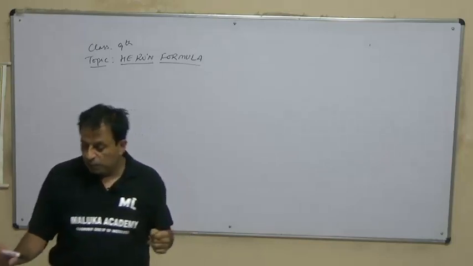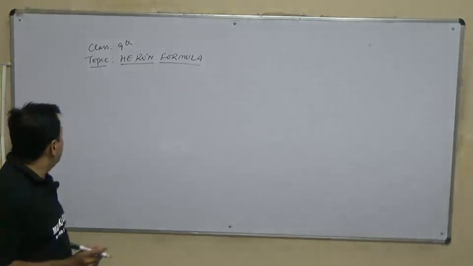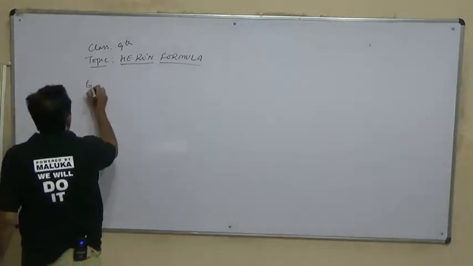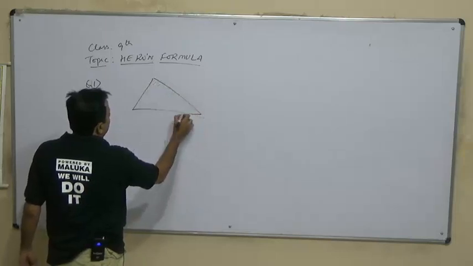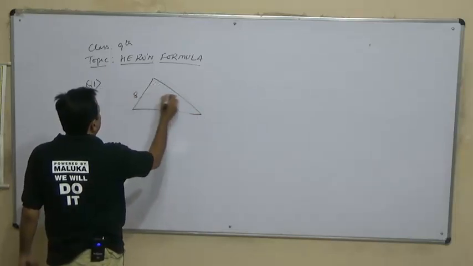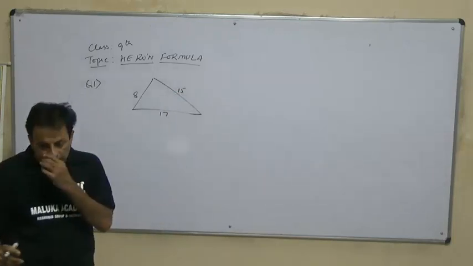But before that, one more question of the three-sided, the sides of a triangular plate. So there is one triangular plate whose sides are given as 8, 15, 17, and these are centimeter.